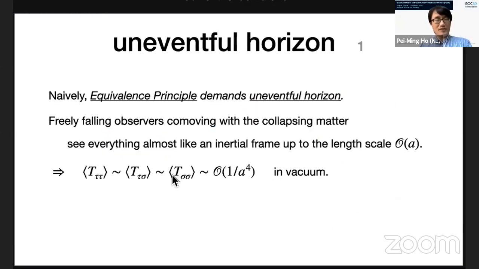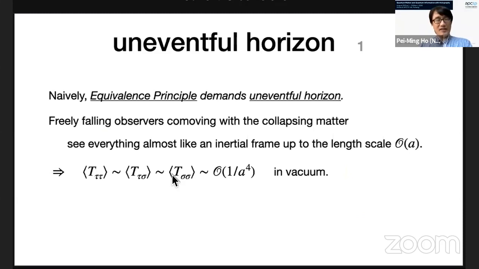Now we also talk about the assumption about the quantum state. We assume it to be uneventful for freely falling observers. Naively, it's a consequence of the equivalence principle.